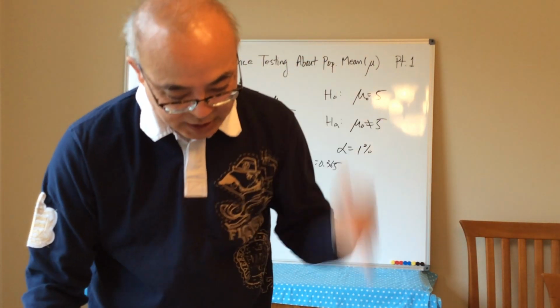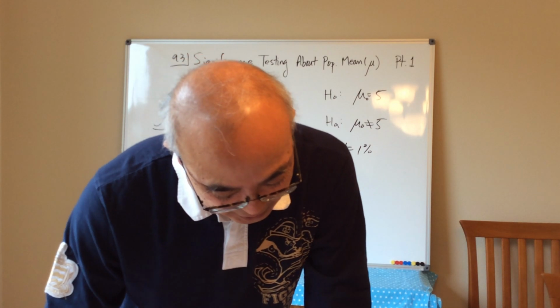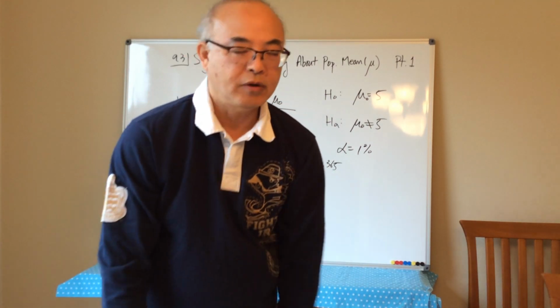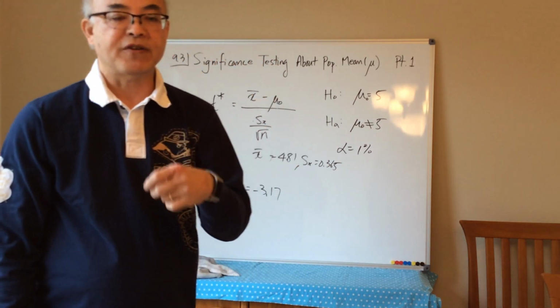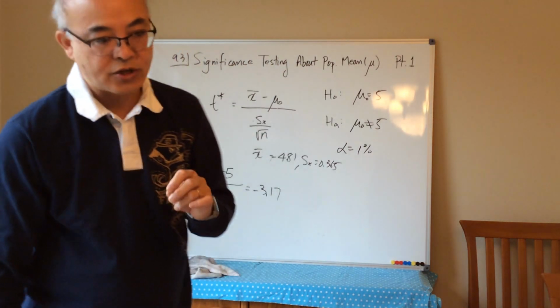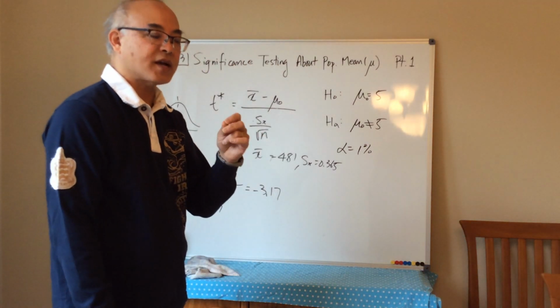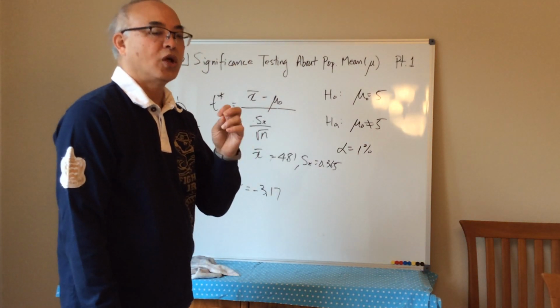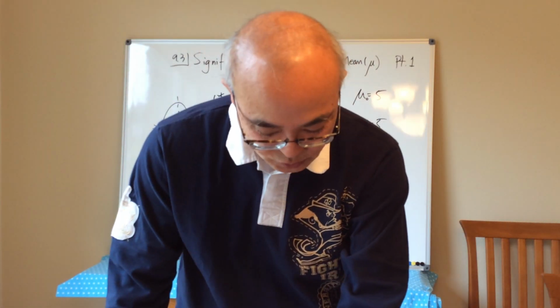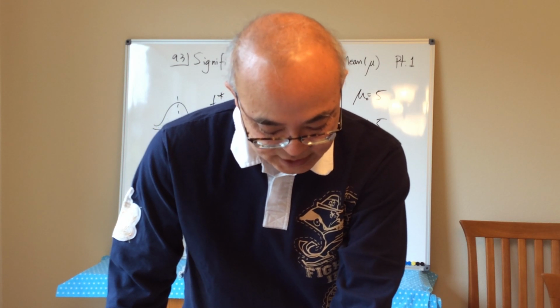If I go to table B, unfortunately, I do not have a degree of freedom of 36. Just as we did for the confidence intervals, if you have a degree of freedom of 36, you're going to go to the next closest lower degree of freedom. So the next closest one that's lower than 36 is 30.